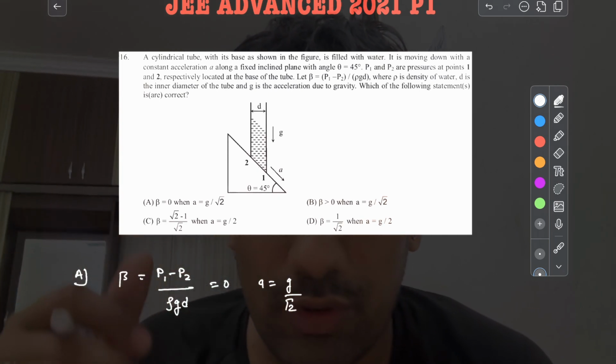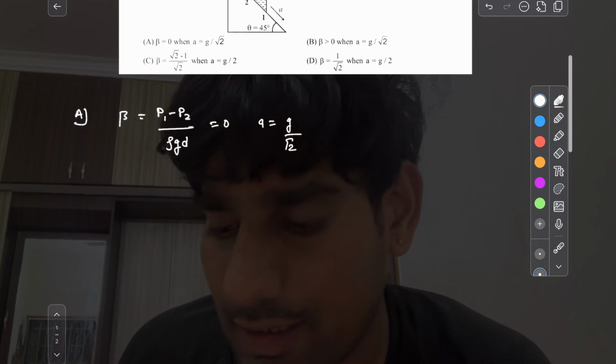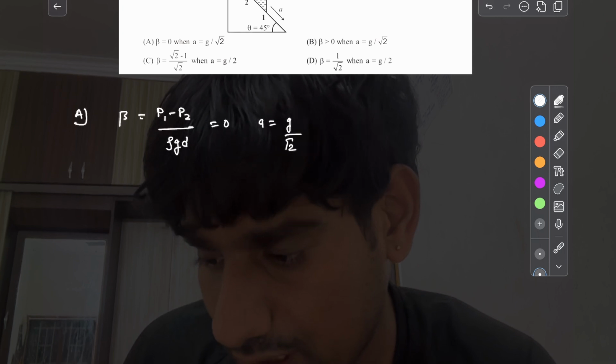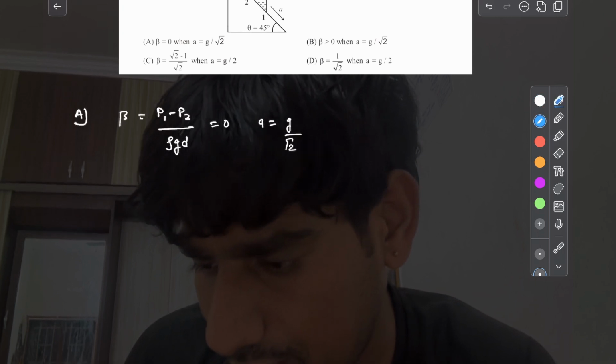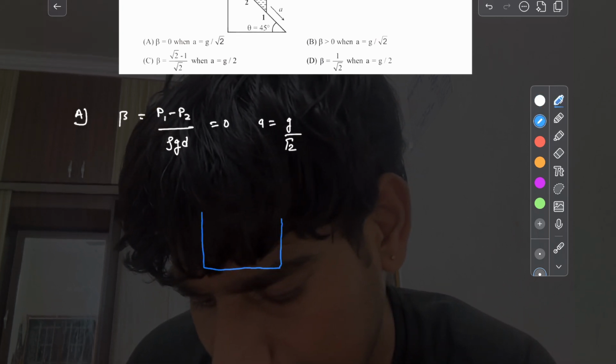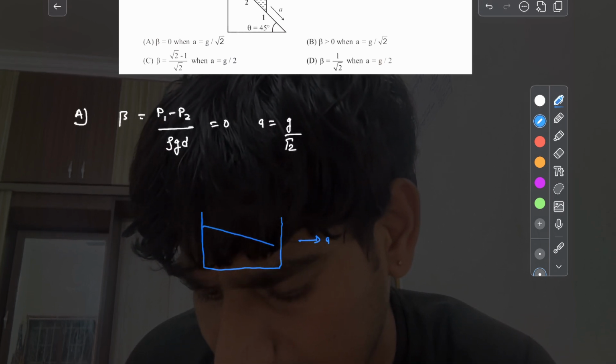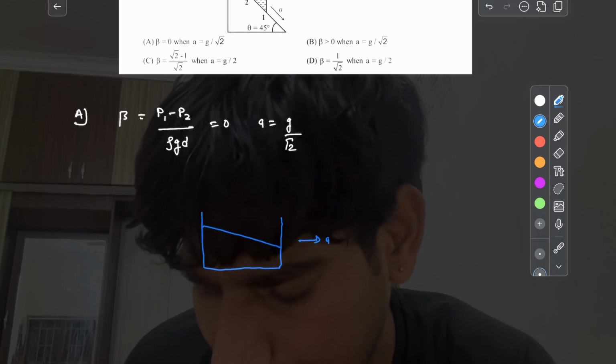So for this we need to go into the concept of the accelerated container. If we accelerate a container, what would happen? Let's suppose there is a container, and if I accelerate it with some acceleration a in the horizontal direction, then I know that the surface will become like this, right?